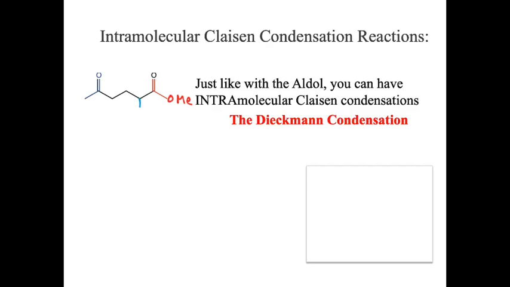We've got alpha hydrogens there, here, and here. So all of those could be removed by our base. We weren't specific with the base, but I'm going to bet the base in this case was methoxide, or NaOMe. That would be our base.